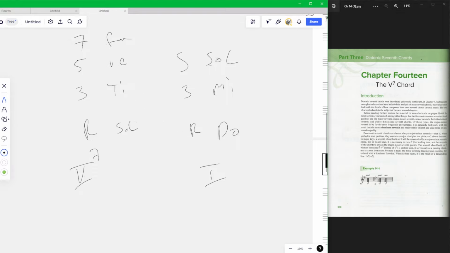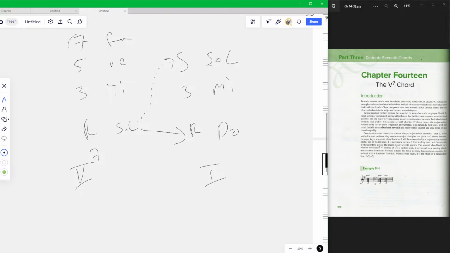Normally, Sol would stay as a common tone. Now, the interesting thing that happens here is that we're going from root position to root position, meaning that Sol is going to have to go to Do, right? Okay, so that takes care of that.